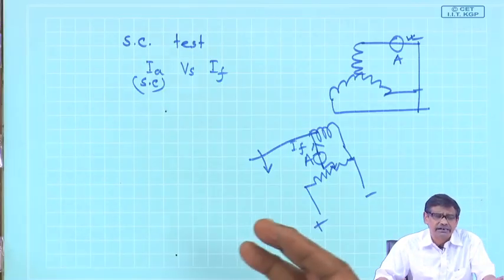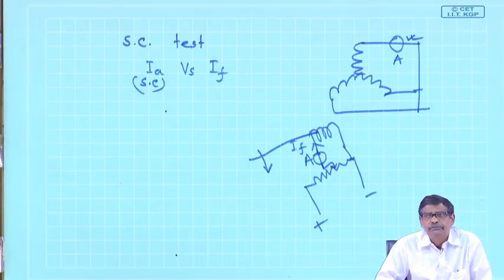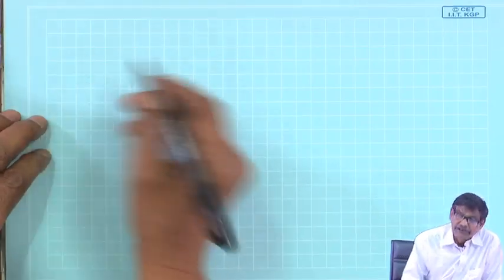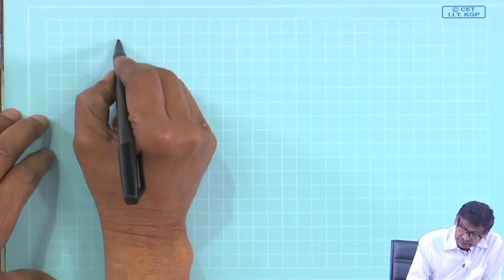Something is given, some other things can be computed if you draw the phasor diagram correctly. Let me also draw the phasor diagram of a salient pole machine generator.